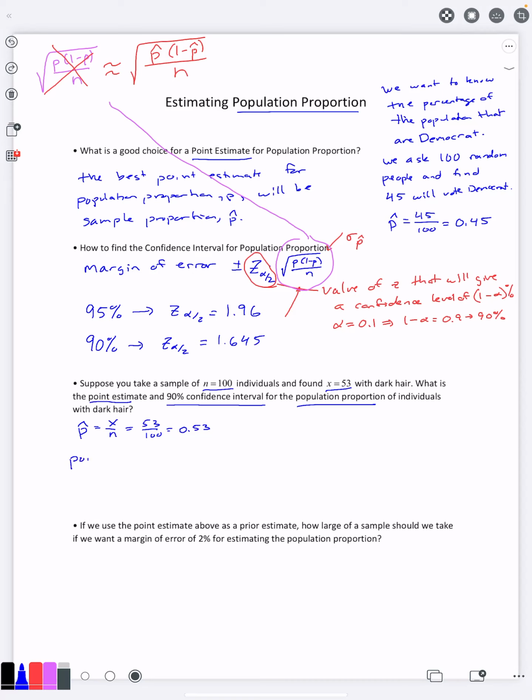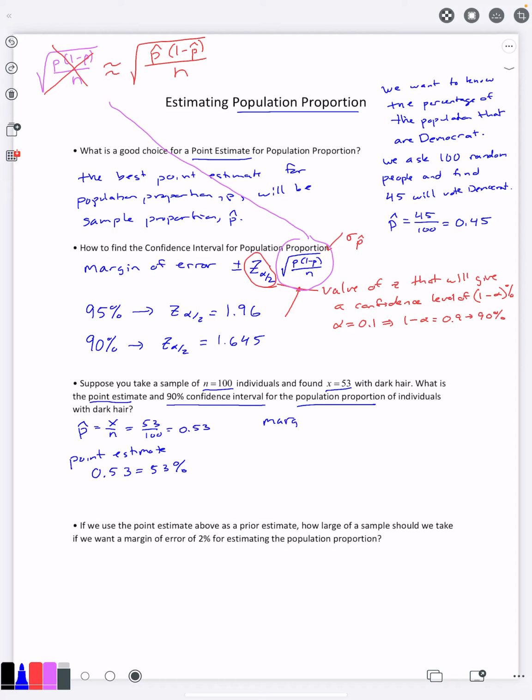And that is my point estimate. If I had to guess a single number for the percentage of people that have dark hair, that would be 0.53 or 53%.